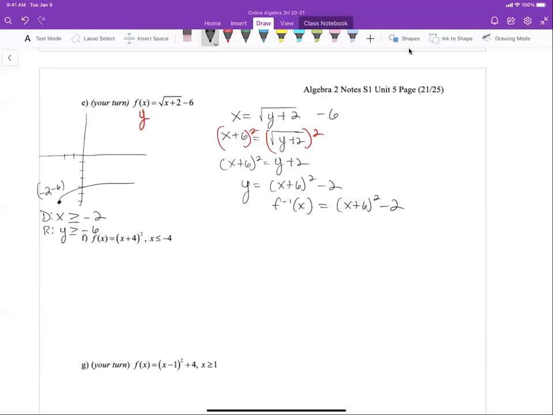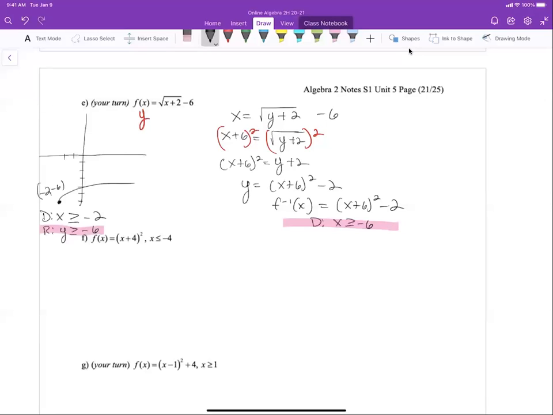Now the next question was, what are the domain constraints? Well, the domain constraints of my inverse function is the range constraints from my original function. So now my domain, x has to be greater than or equal to -6. So if I wanted to see what that looks like graphically, it is a parabola that's been shifted to the left 6, down 2.